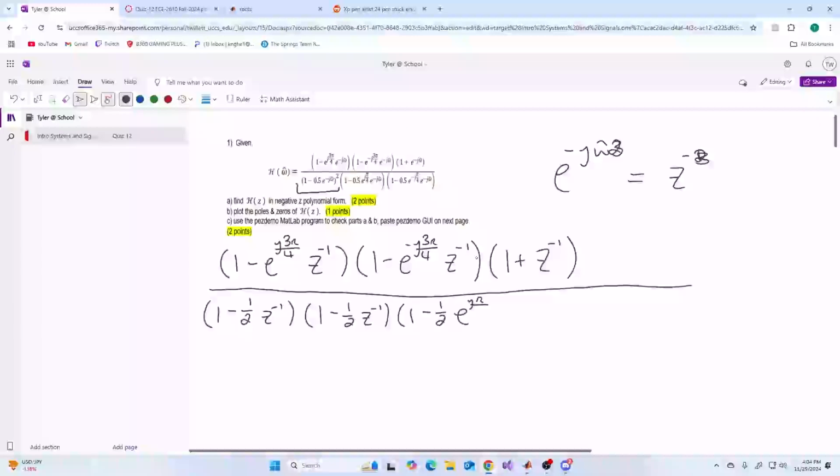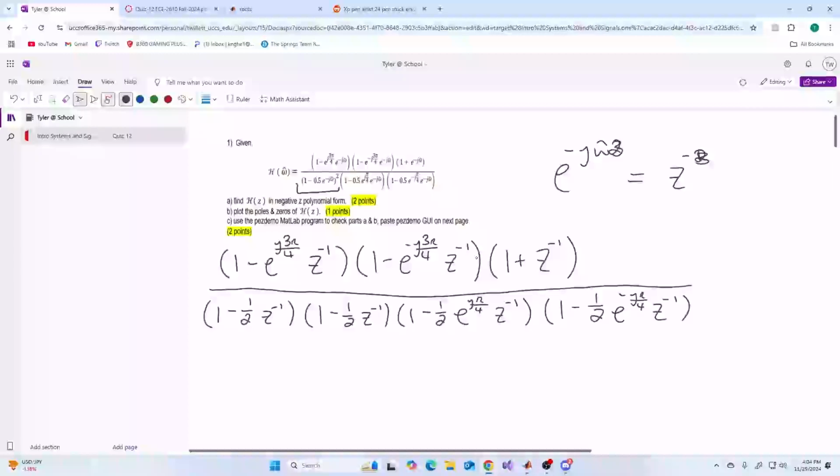Yep, pi divided by 4 z to the negative 1, and then 1 minus 1 half e to the negative j pi divided by 4 z to the negative 1.